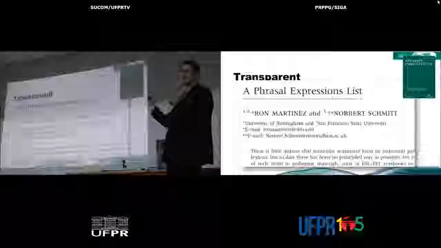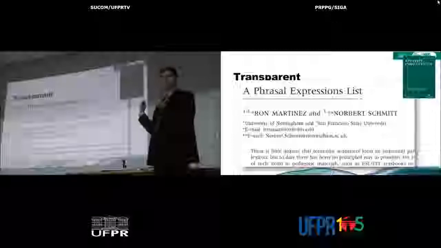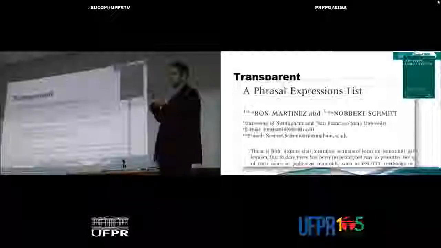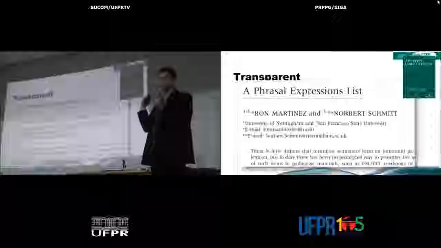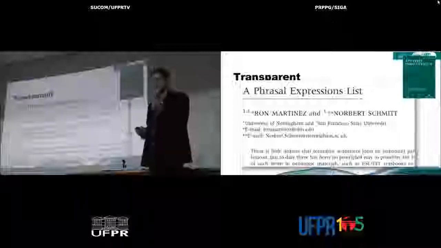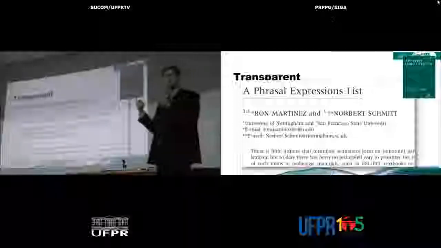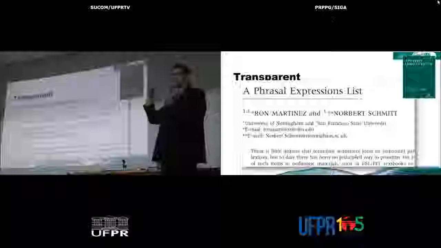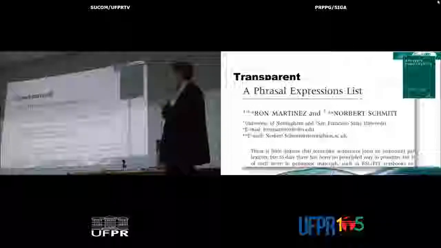And I chose this title for this research because I was entering a conversation. I chose this journal, the Applied Linguistics Journal, because there had been an article published some years before called the Academic Word List, AWL. And I was adding a new list that would focus on academic phrases, kind of a response to that.